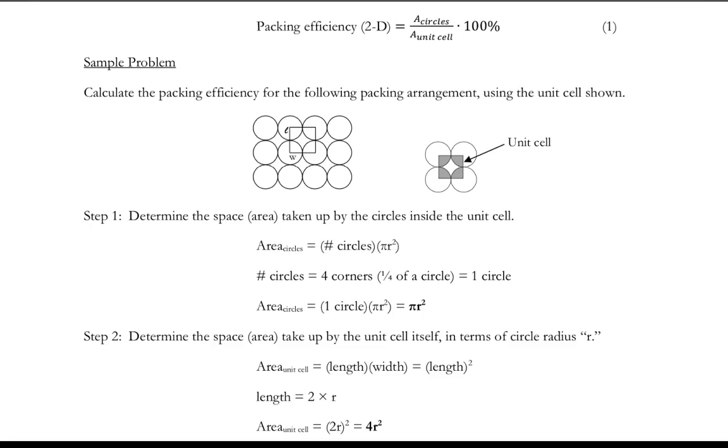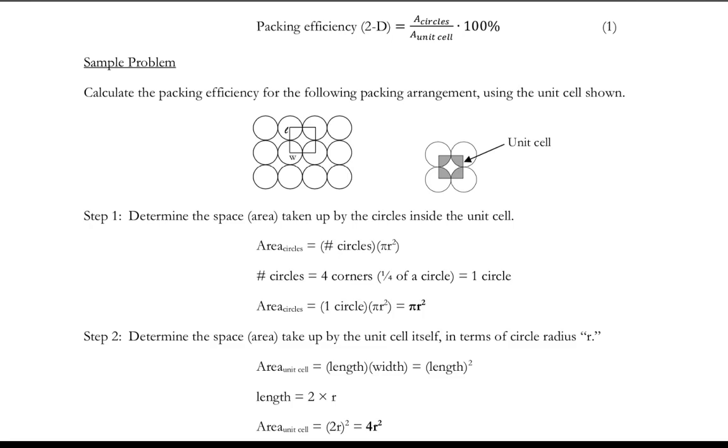So we see that our unit cell has 4 corners, and each corner is 1/4 of a circle. So that gives the equivalence of 1 circle per unit cell. And then that 1 circle times pi r squared gives pi r squared as the area of the circles in that unit cell. Okay, so that's step 1.